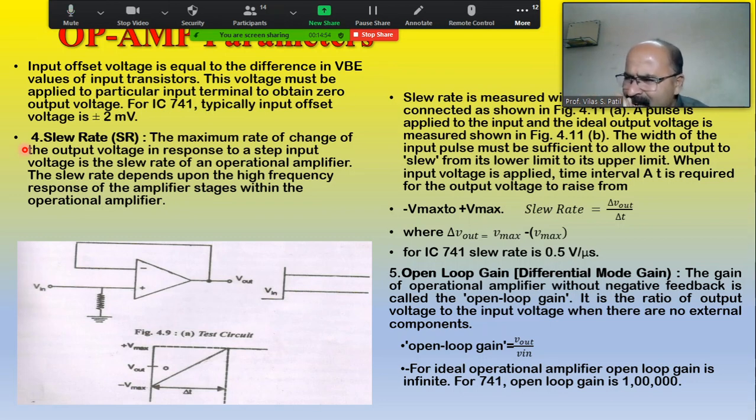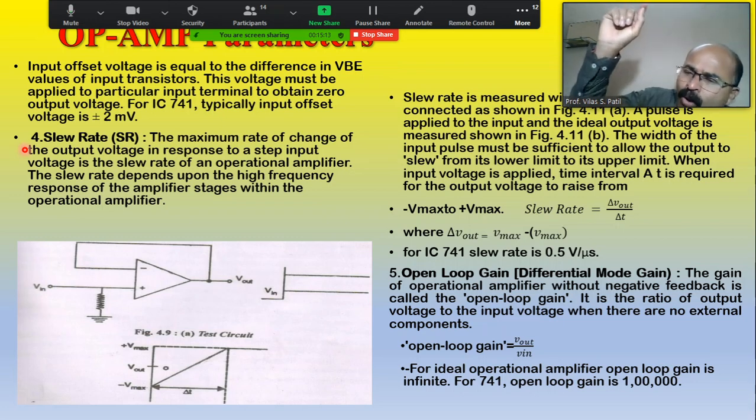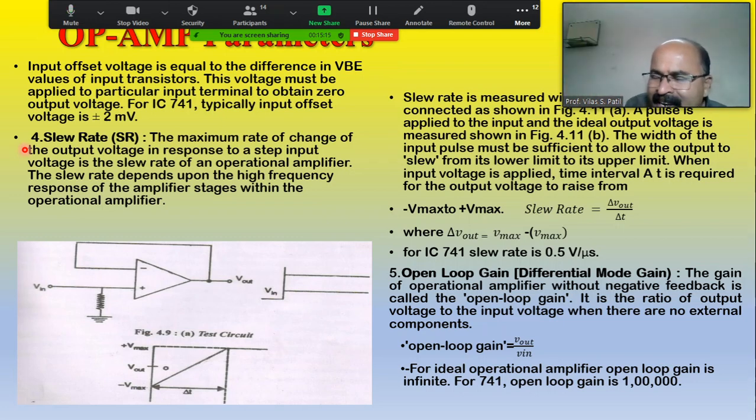Why plus minus? We know that in the block diagram we are using the level shifter. The level shifter is a push pull power amplifier. What does pushing mean? Pushing means increasing. What does pulling mean? It will be decreasing.